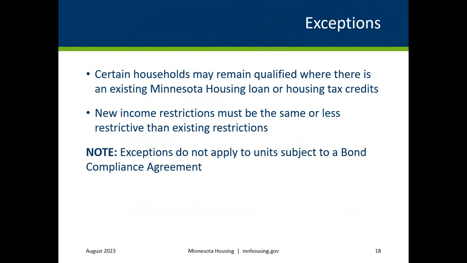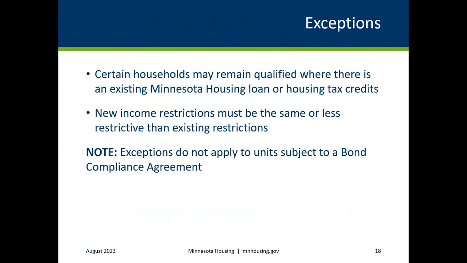This applies regardless of whether the household's income at the time of the new loan closing is unknown or exceeds the allowable income limit for the new loan. Note that this exception is for income only. Rents must comply with the rent restrictions for all applicable financing, and other occupancy requirements may apply.